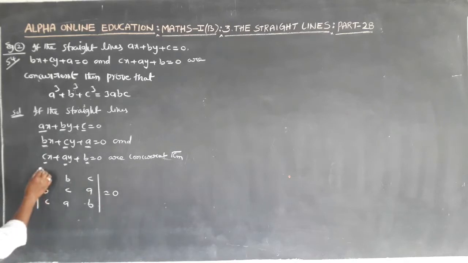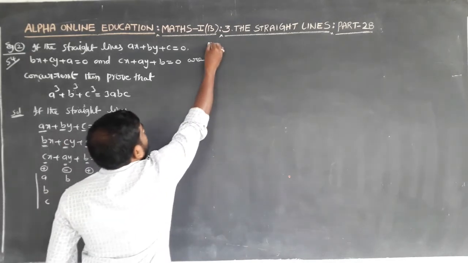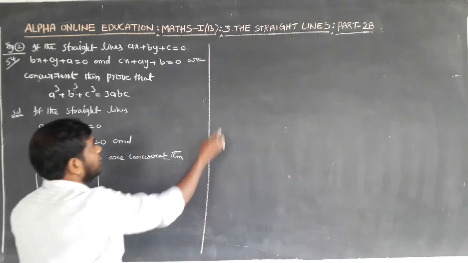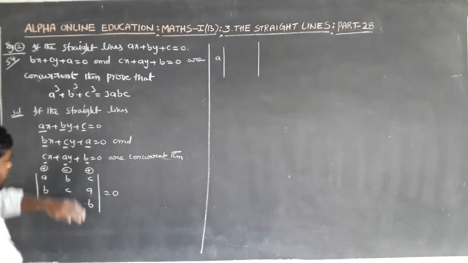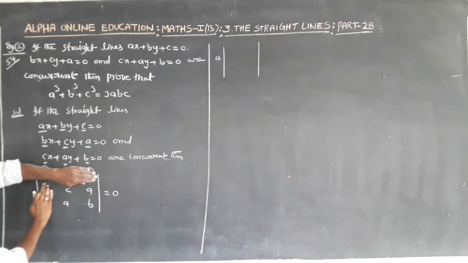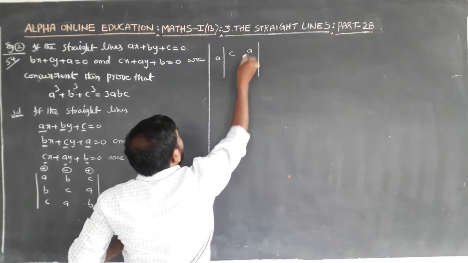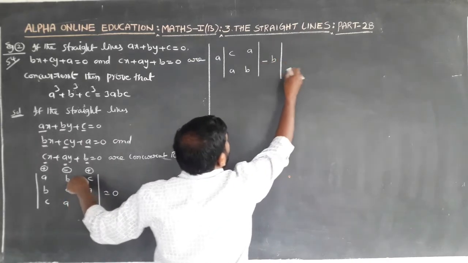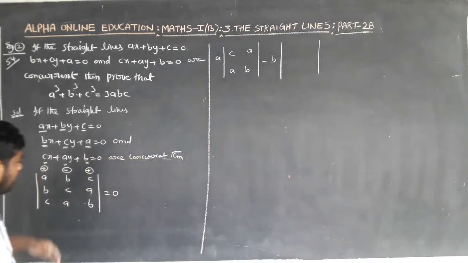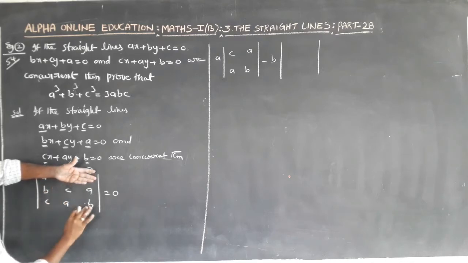Expand the determinant. First one is positive, second one is negative, third one is positive. a into: cancel a's row and a's column, remaining value c a, a b. Second one is minus b into: cancel b's row and b's column, remaining value b a, c b.